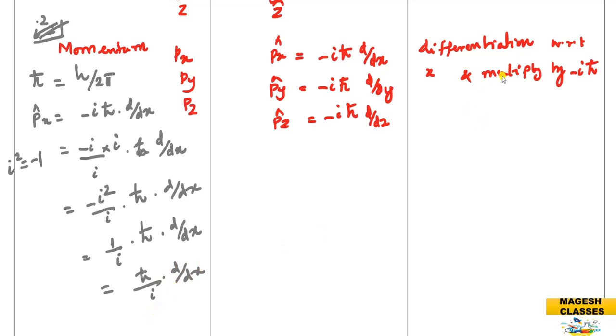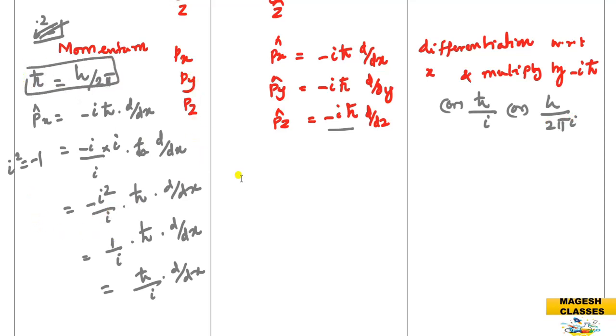So in this term, differentiation with respect to x and multiplying by the term minus i into h cut, or h cut by i, is also another form. By expanding, we can write it as h by 2 pi i, because h cut is equal to h by 2 pi.